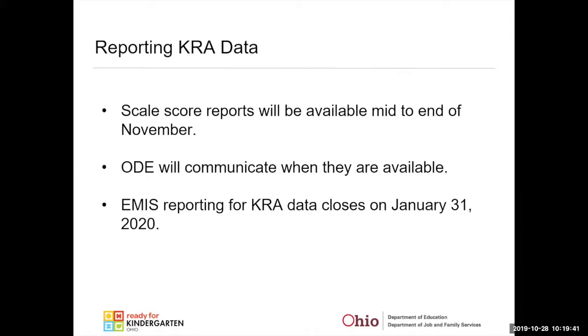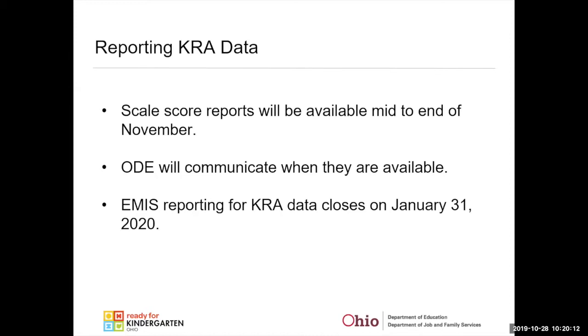And then we just want to point out that for public and community schools, you are required to report the KRA scaled scores and domain scaled scores of all of your students into EMIS. And you will have until January 31st, 2020 to submit all of your KRA data through your local student information systems to push that data into EMIS.